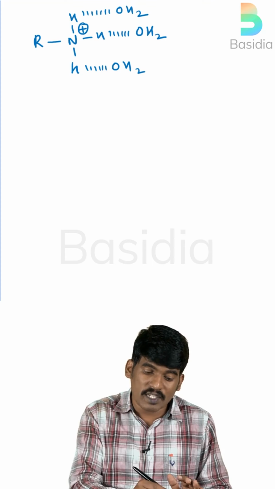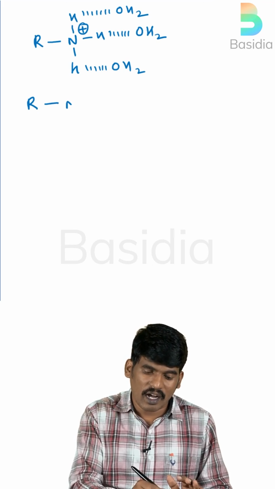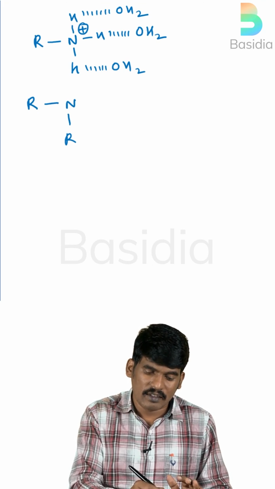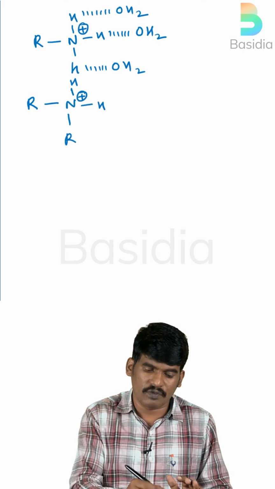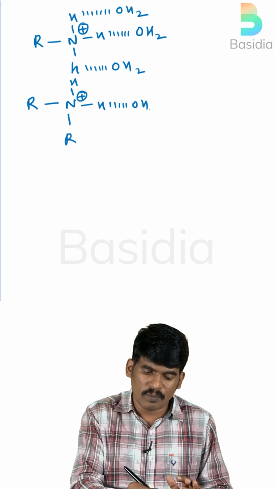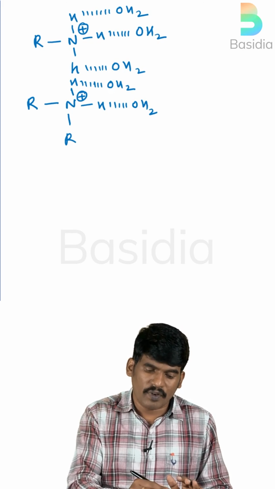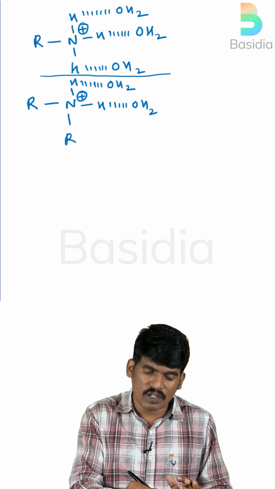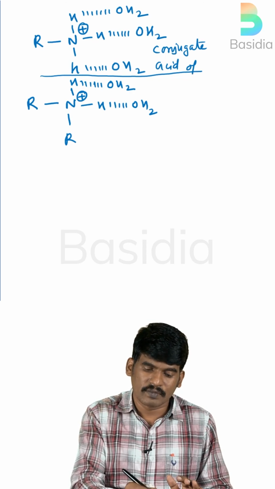Similarly, if I take the conjugate acid of which one? Secondary amine, then RNR, it is H and develops positive charge, of course. It develops hydrogen bonding and it also develops hydrogen bonding. So the first one what I have given is the conjugate acid of the primary amine.